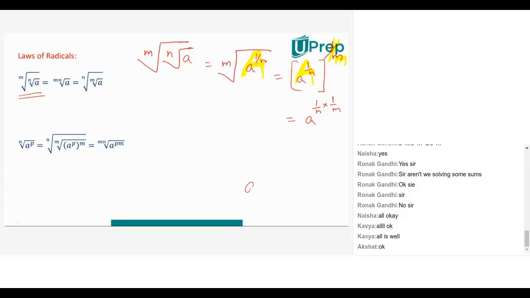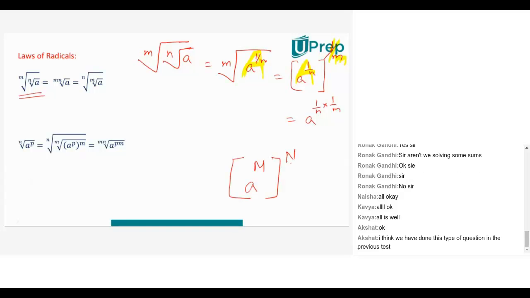Why are we multiplying? Once again, this is of the form a power m, whole to the power of n. What is a power m whole to the power of n?